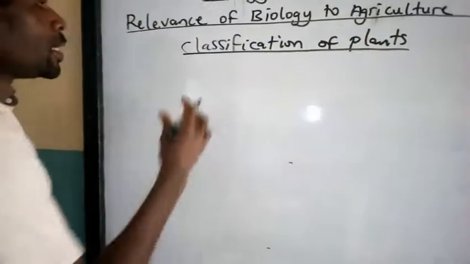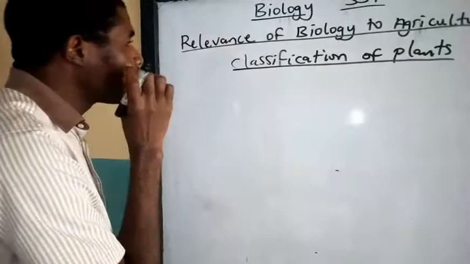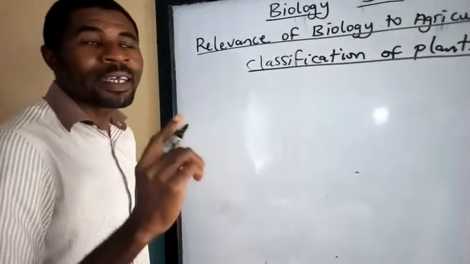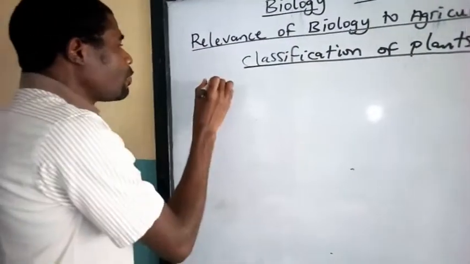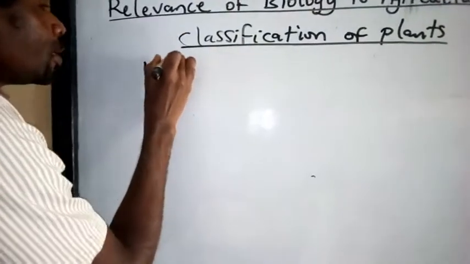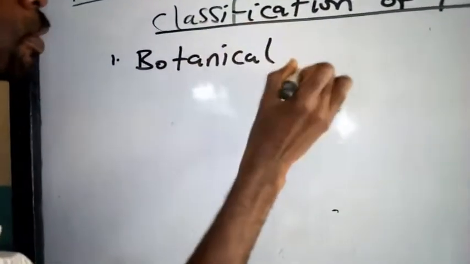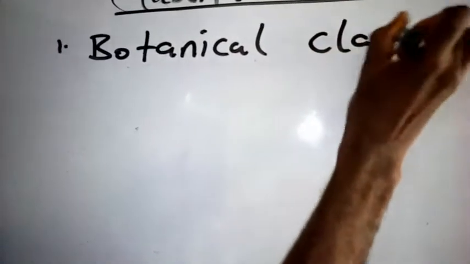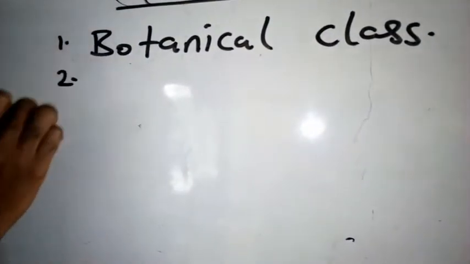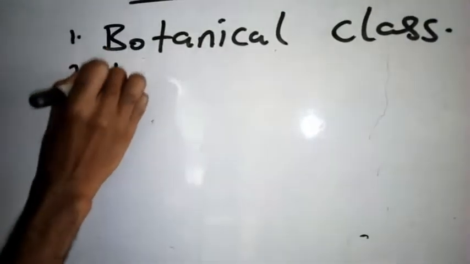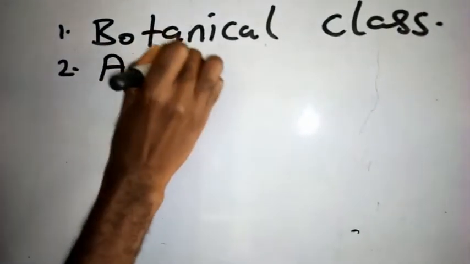Here you are not going to look at the taxonomy as we did in first term. In terms of biology, plants are classified into three major parts. The first one we are going to consider is botanical classification. Thereafter, we'll look at agricultural classification.